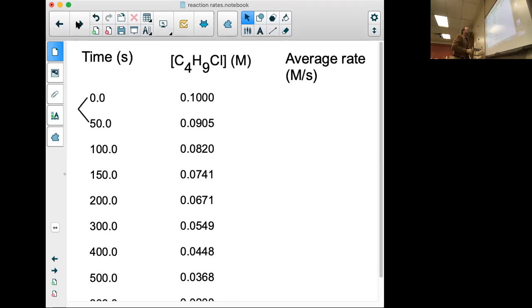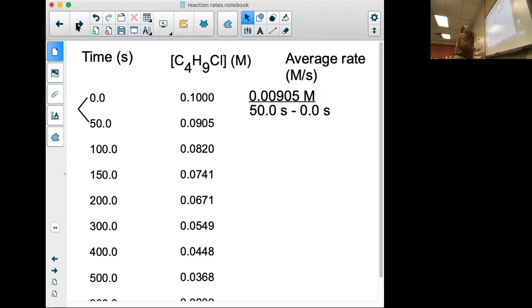All right, so let's compare the average rate of reaction from 0 to 50.0 seconds. So we're going to take 0.0905 molar minus 0.1000 molar, and we get a difference of 0.00905 molar. We're not going to worry about the negative. All that means is that it's disappearing.